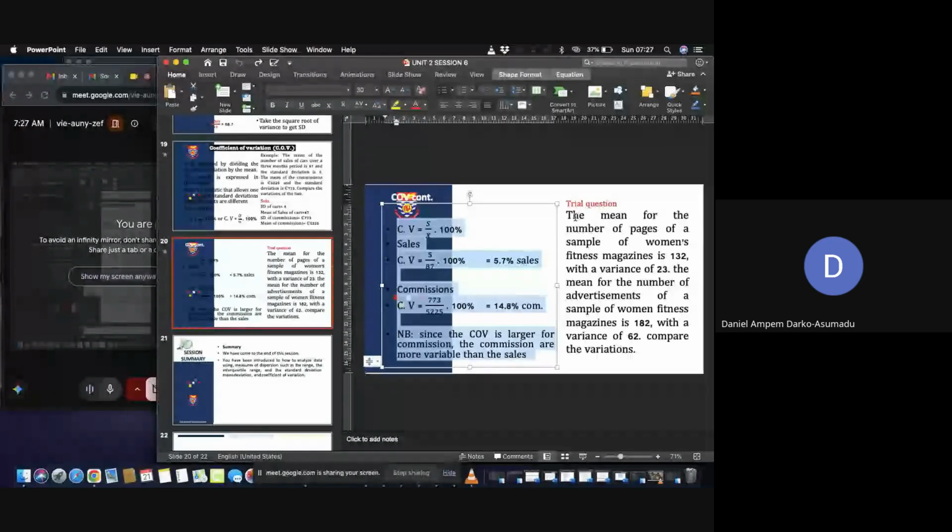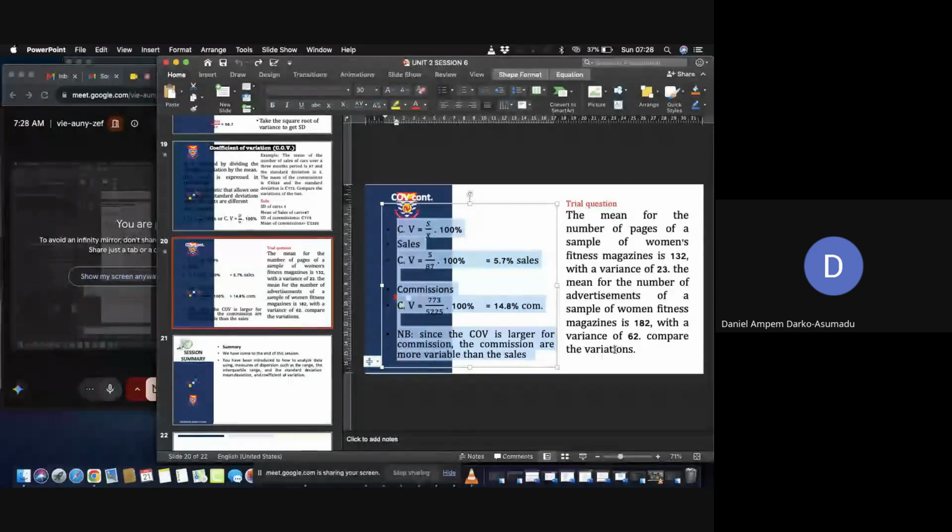Then we have a trial question. The mean for the number of pages of a sample of women's fitness magazines is 132, and the variance is 23. The mean for the number of adverts in a sample of women's fitness magazines is 182, and the variance is 62.